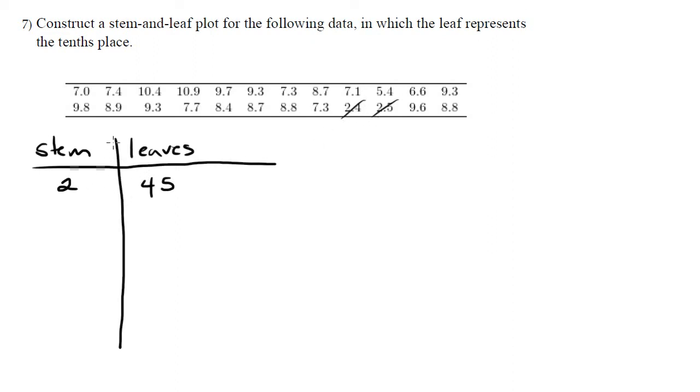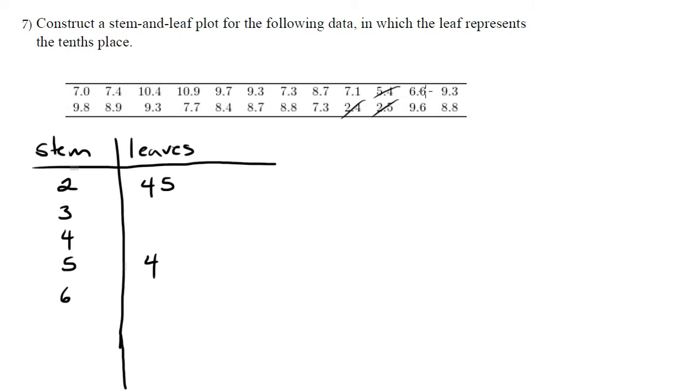This vertical segment here is like the decimal point, you can think of it that way. 2.4, 2.5. Anything in the 3s? No. So I'll just leave that blank. 4, no. 5. So I have 5.4. It's the only one I have there. 6.